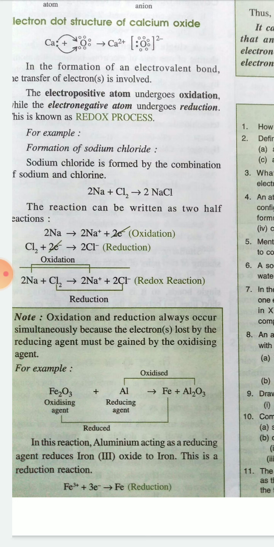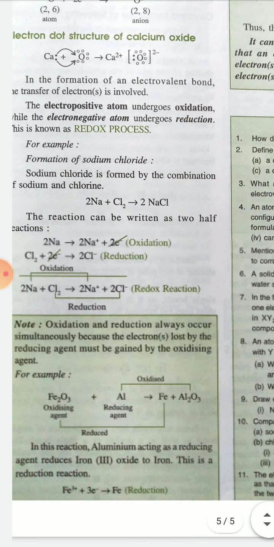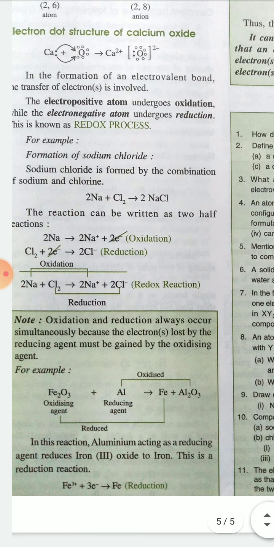So Cl2 accepts two electrons to form 2Cl minus ions. So 2Na gives 2Na plus plus 2 electrons, which is oxidation, and Cl2 plus 2 electrons gives 2Cl minus ions, which is reduction. So formation of NaCl from sodium atoms and chlorine molecules is an example of a redox reaction. Thank you.